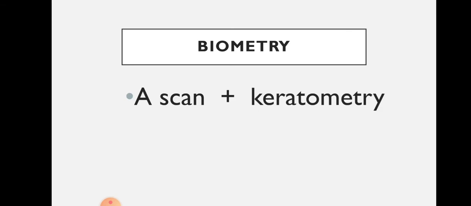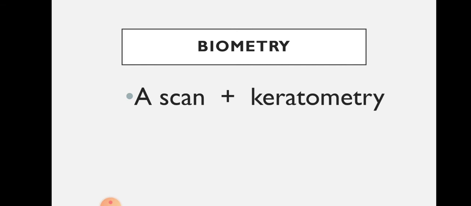Okay. Now the main use of A-scan is to find out the intraocular lens power. That procedure is known as biometry, where A-scan and keratometry values are used.